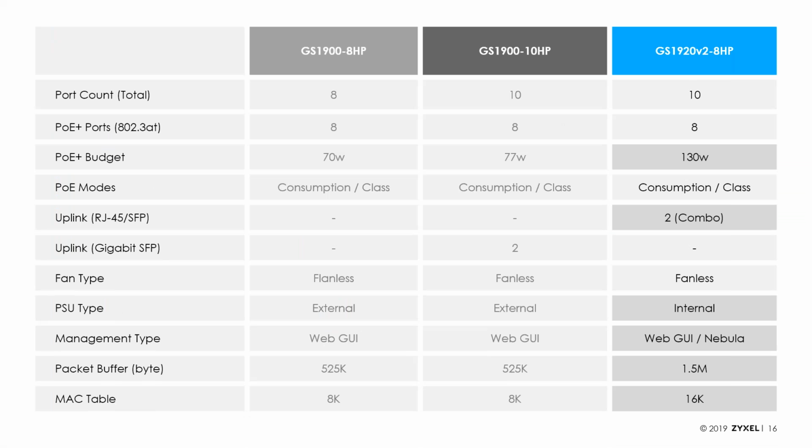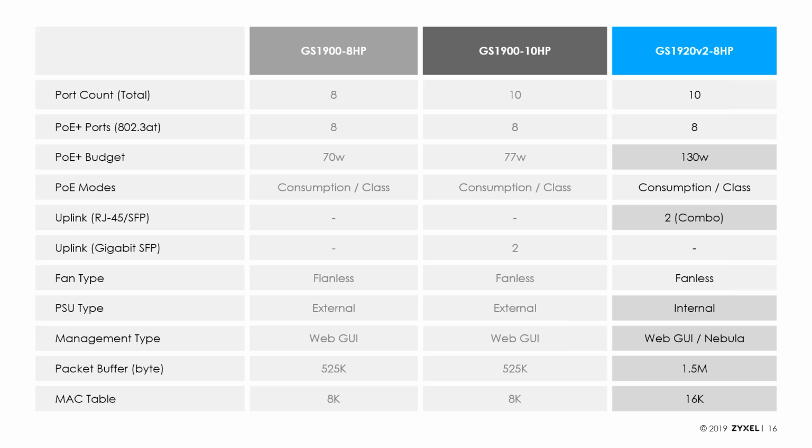Then side-by-side comparison with the smaller models. So the main differences were that the 1920 has an internal power supply, unlike the 1900s, which have an external power supply, which of course can be good or bad depending on the installation. So of course the physical unit of the 1920 is a bit larger than the 1900s, but then again you don't need that external power supply.